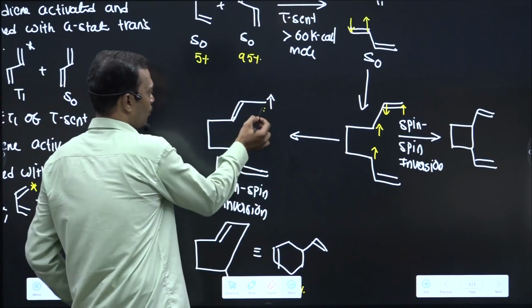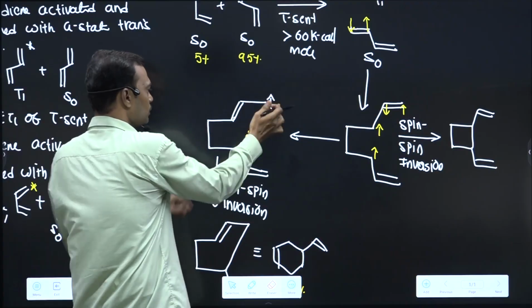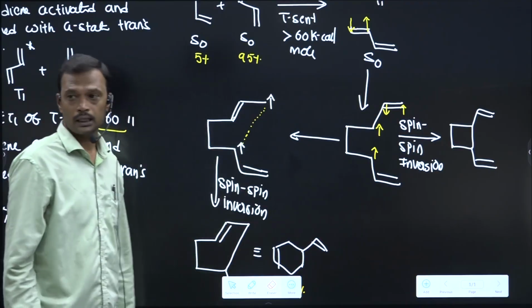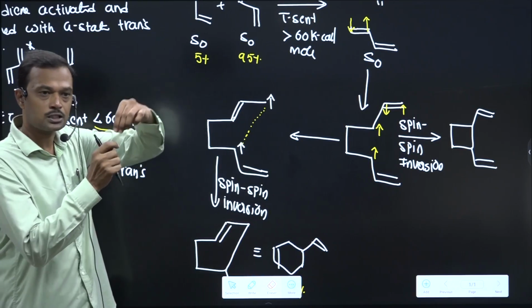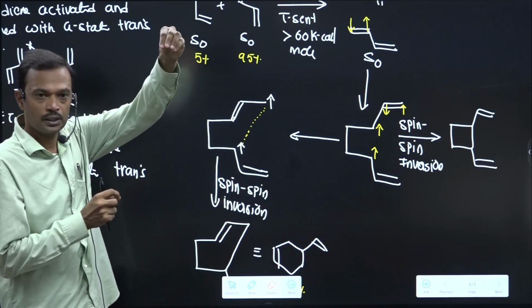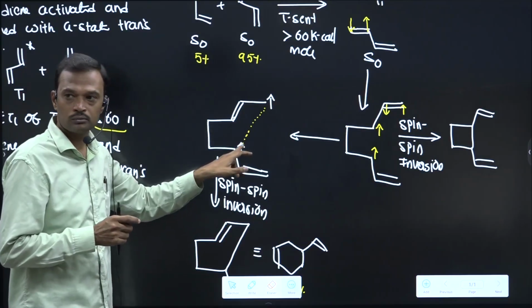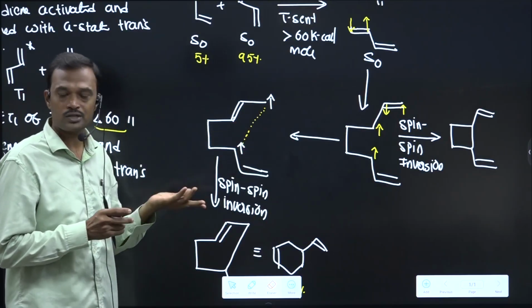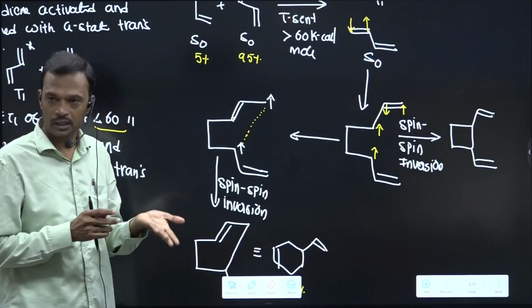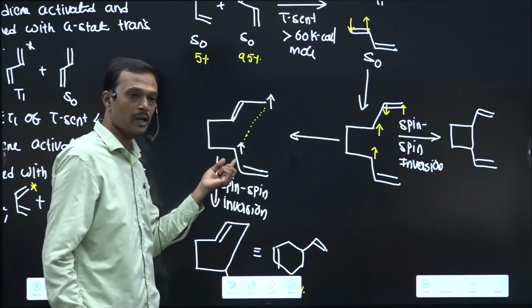See, 1, 2, 3, 4, 5, 6. 1,6 biradical, separated by a large distance. When they are separated by a large distance, what about the spin of these two electrons? Clockwise, clockwise. Clockwise, clockwise never combine together. They want to become anti-clockwise. One of these electrons should be anti-clockwise.